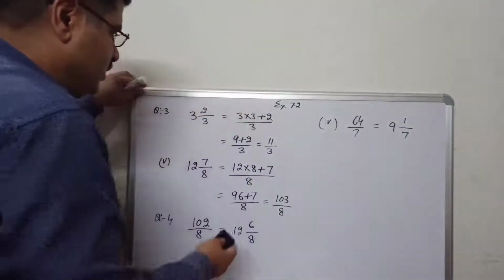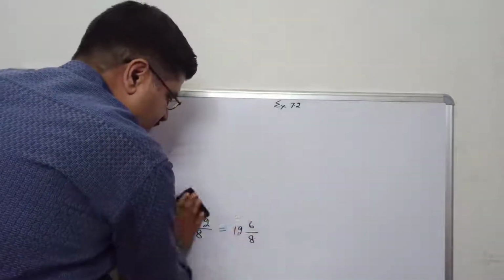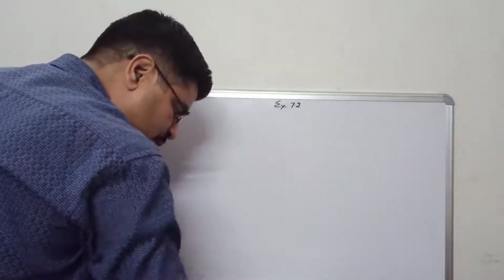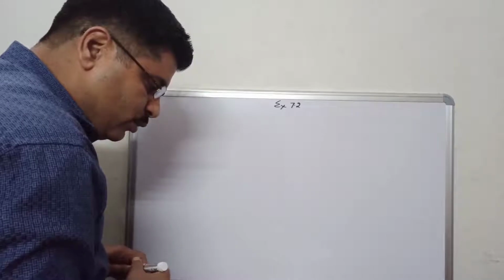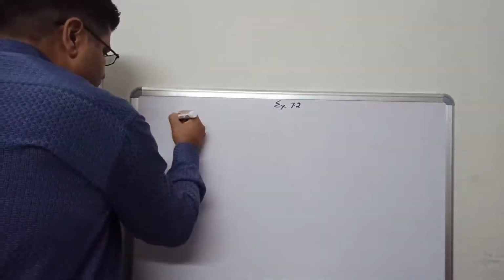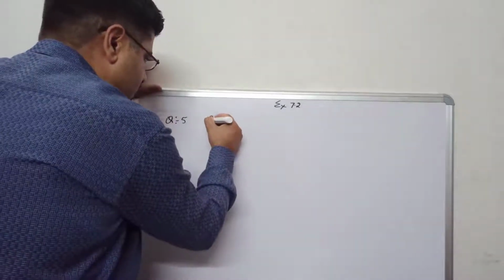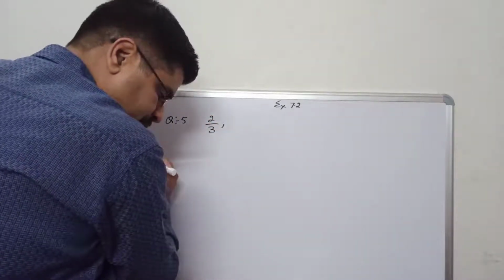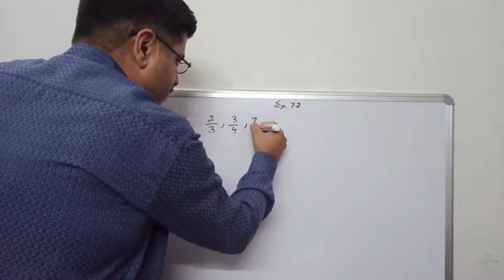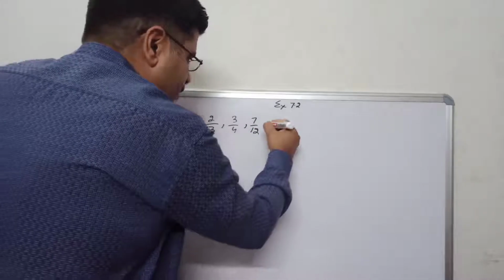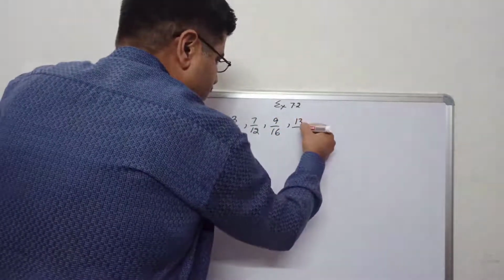Now let us do question number 5, and question number 5 is to express each of the following groups of unlike fractions into that of like fractions. It is question number 5 and the fractions are 2 upon 3, 3 upon 4, 7 upon 12, 9 upon 16, 13 upon 24.